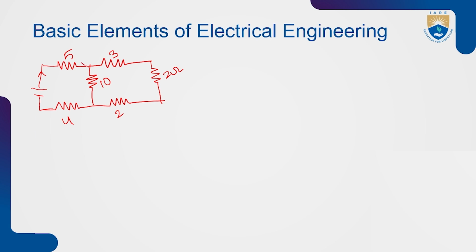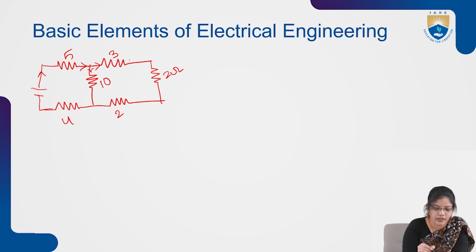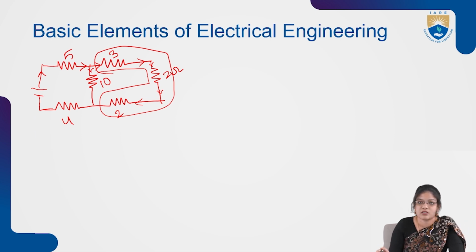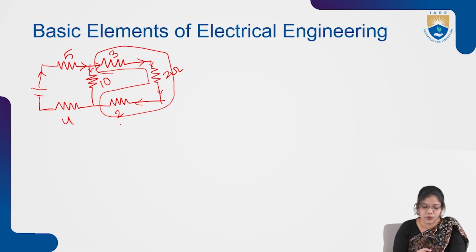So the current is flowing in this way, and here it is dividing, and the current is not dividing here. The same current is flowing across these three elements, so these three elements are said to be in series. If the current is not dividing, the elements connected here will be in series. So if the elements are connected in series, we need to sum these three elements, which will be 3 plus 2 plus 2.